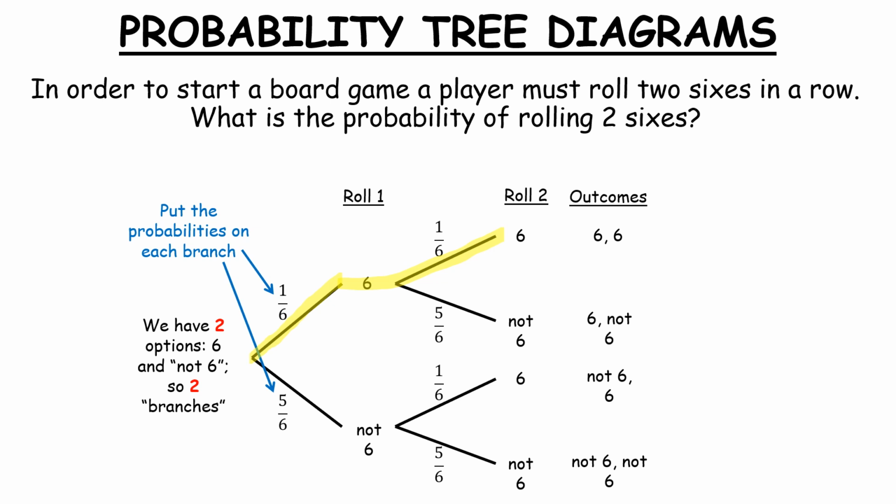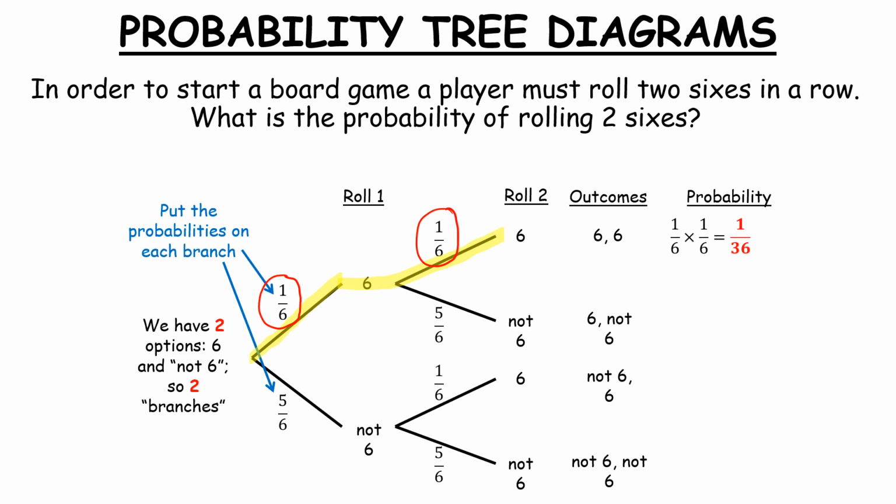What that means for us is we roll a 6, so we have a 1 in 6 chance, and we roll a 6 again, another 1 in 6 chance. So our probability is going to be 1 over 6 multiplied by 1 over 6, which will give us our outcome here. So this probability will be 1 over 36.